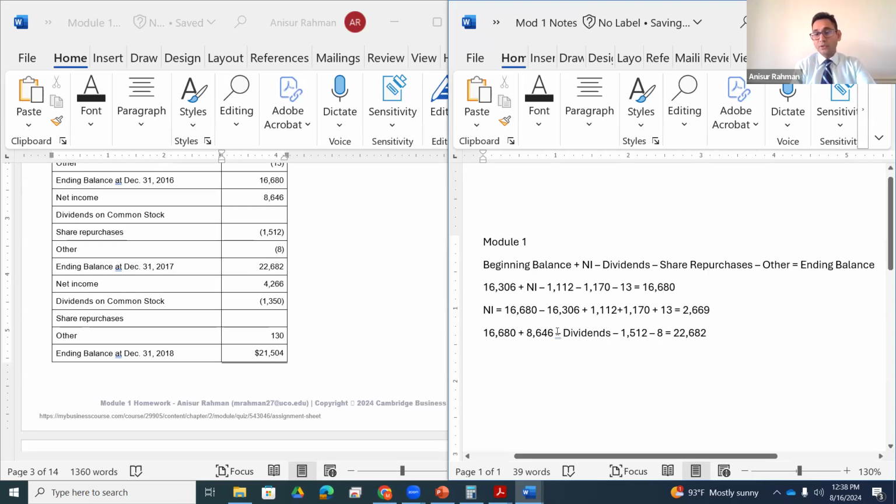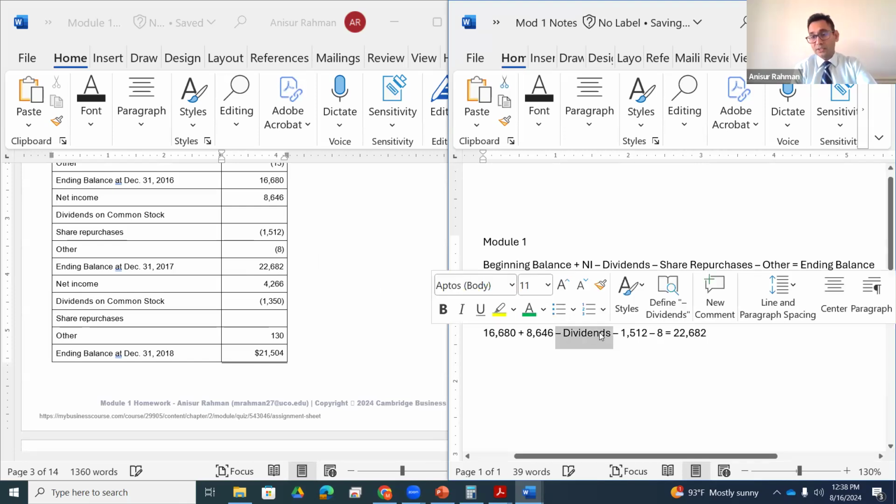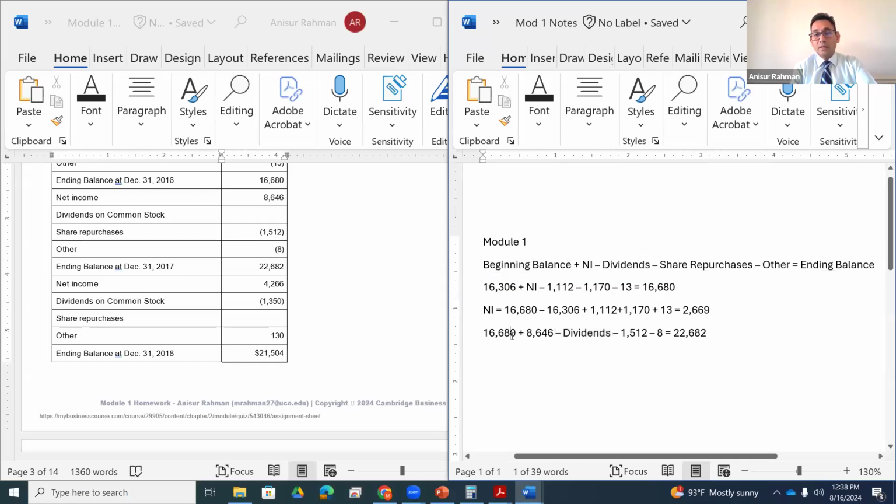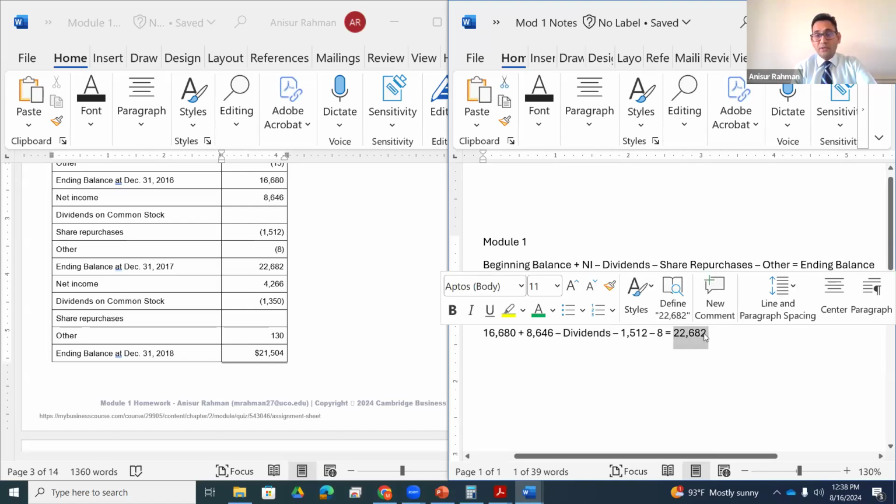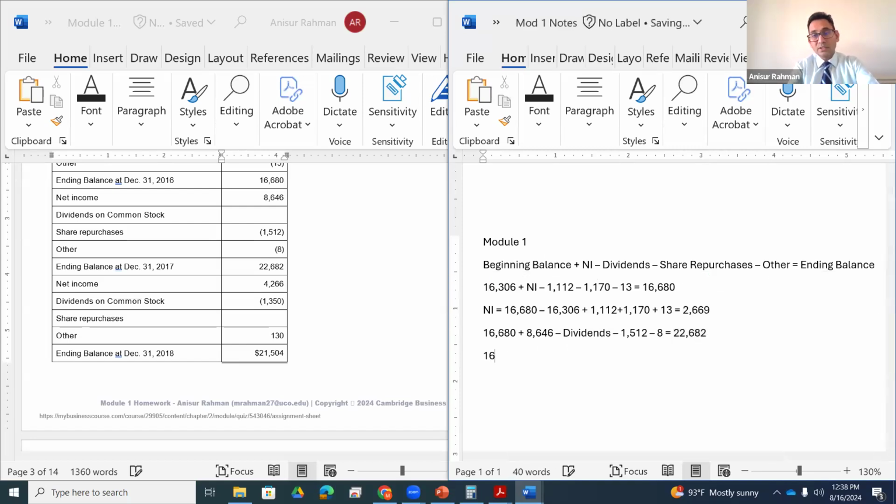So what we are going to do, we are going to take this to the right-hand side. And we'll keep the other numbers on the left-hand side, but then we will bring this right-hand side number to the left-hand side. So 16,680 plus 8,646 minus 1,512 minus 8 minus 22,682.